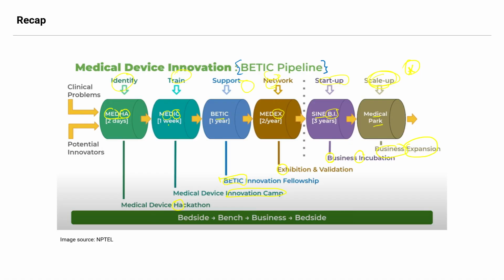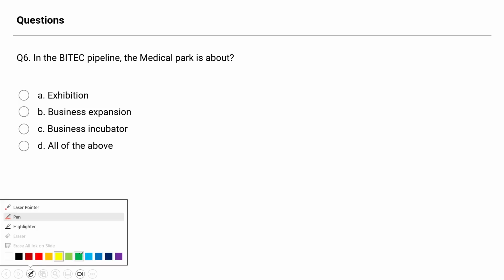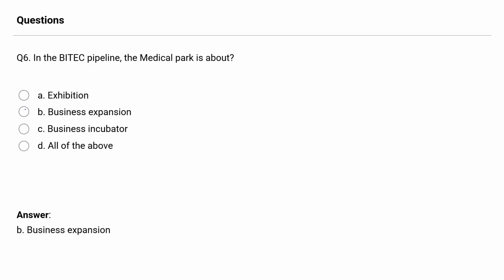That is why I'm saying keep a note of this particular BETIC pipeline. It can be really helpful for further framing of questions. All right. So just to clarify, the correct answer is business expansion. Medical Park is about business expansion. It is about scaling up.